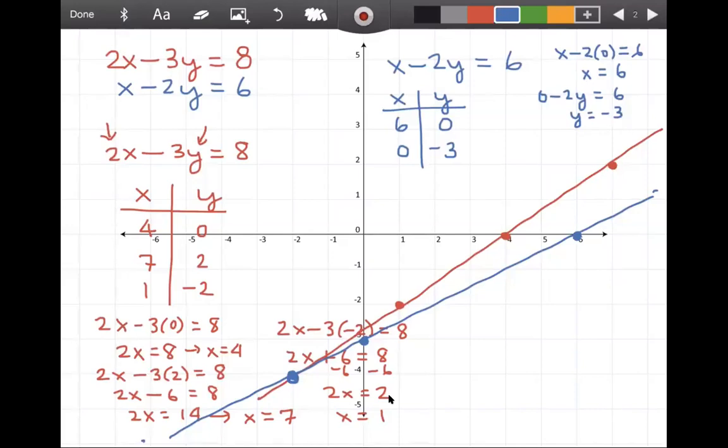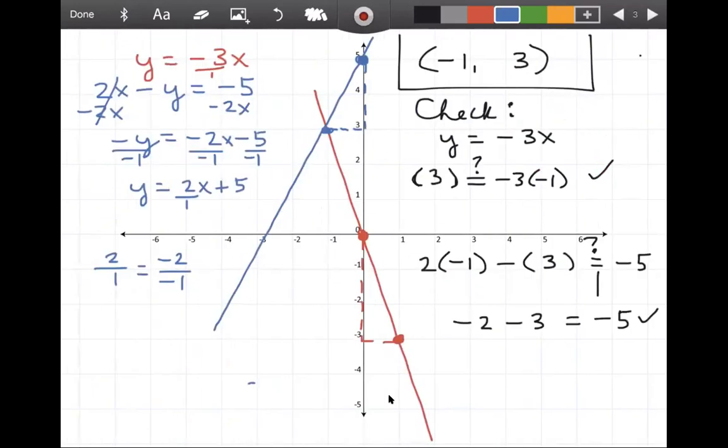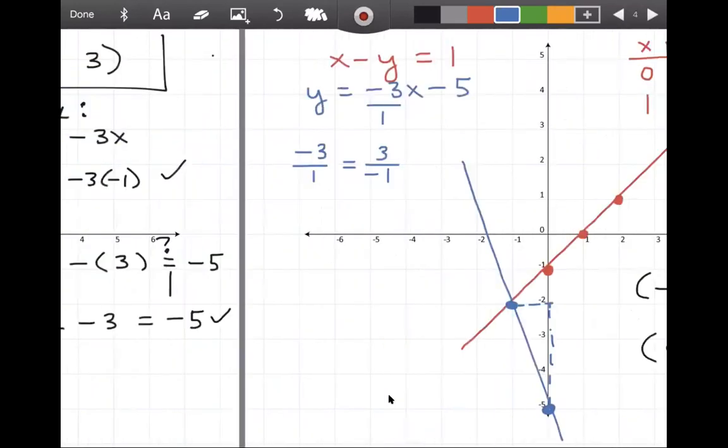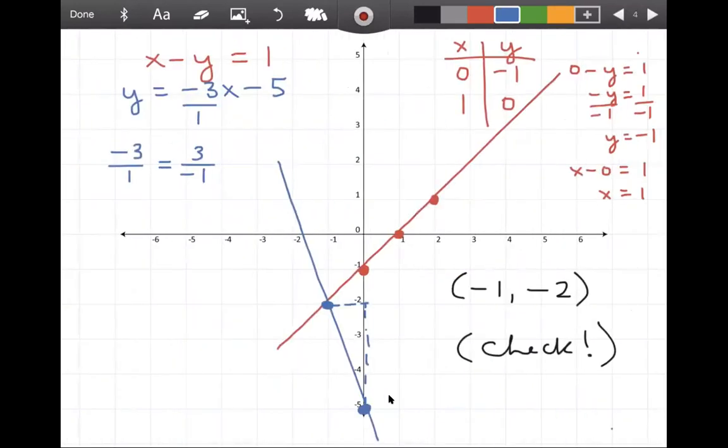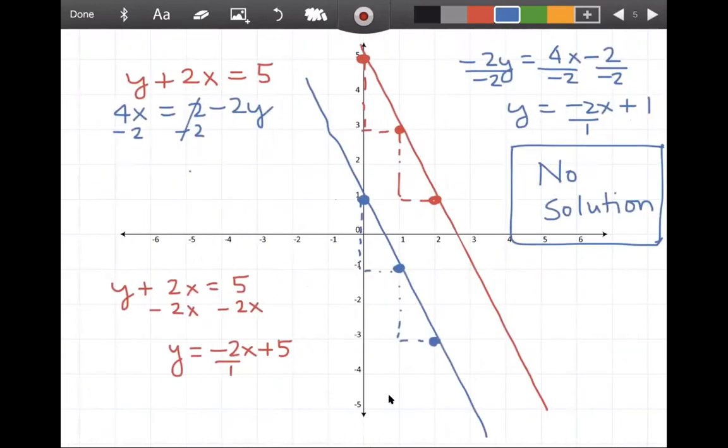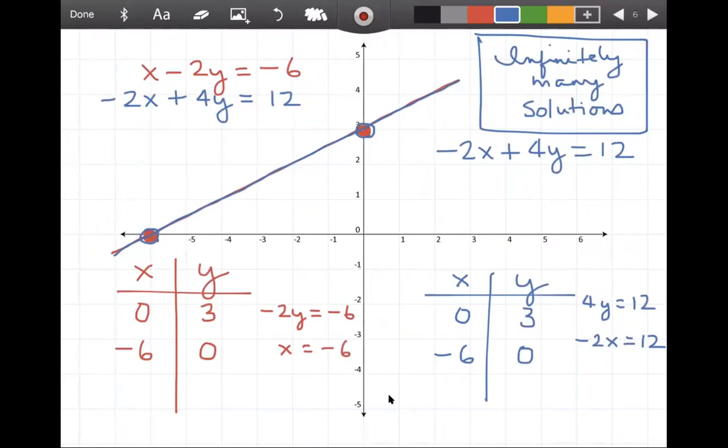These two have different slopes. These two have different slopes. It wasn't until we got to this example that the two lines had the same slope. And in that case, there was no solution because they were different lines that were parallel.